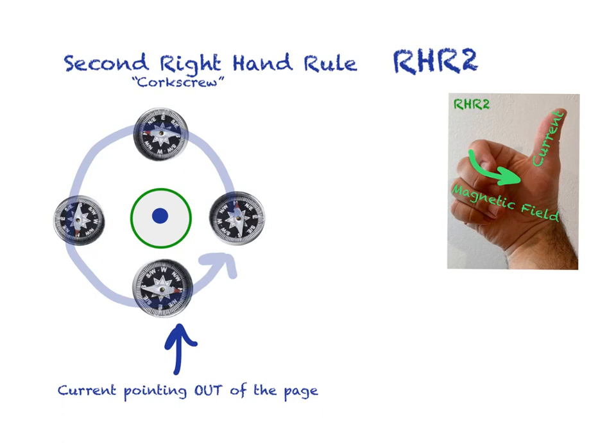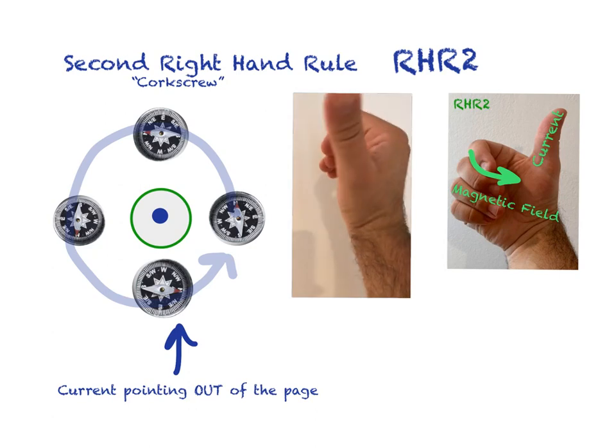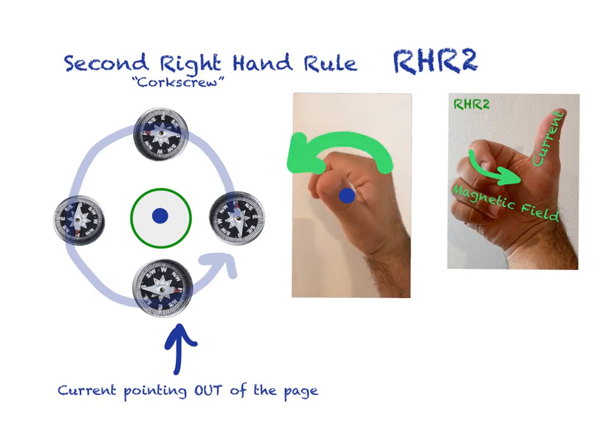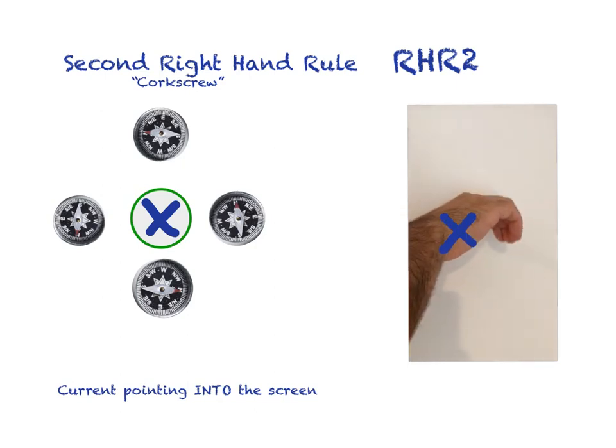So if the current is directed out of the screen, we point our thumb out of the screen and our fingers curve counterclockwise. In the other case, where the current is directed into the screen, our fingers curve clockwise.